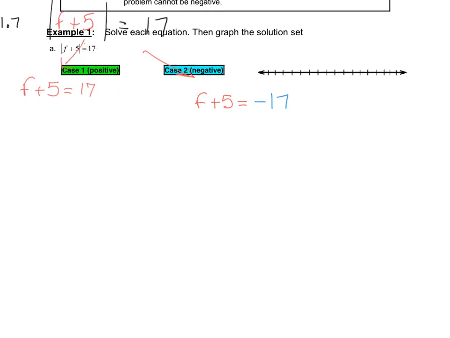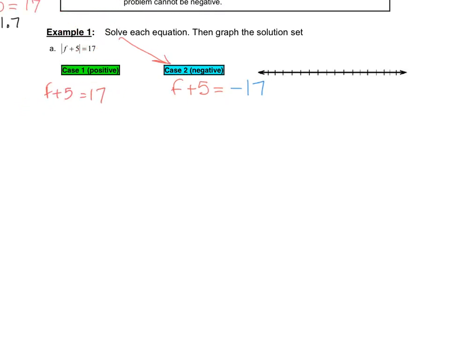So let's take this one, for example. If I know that the absolute value of f plus 5 has to equal 17, then I know that the inside could equal the value of 17. So step 1, set it up equal to the positive, f plus 5 equals 17, and then set it up equal to the opposite, -17.